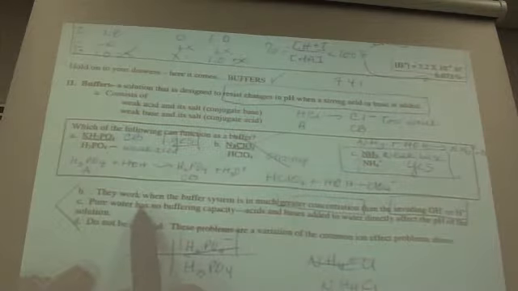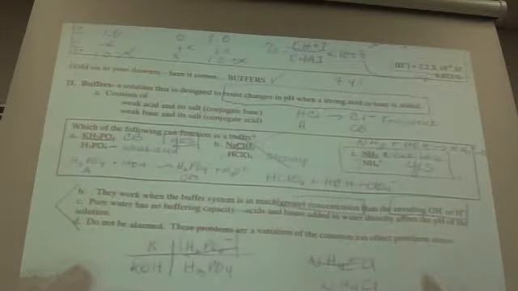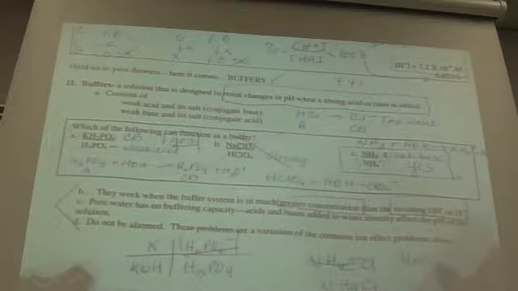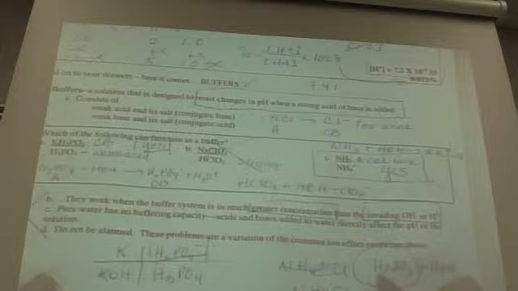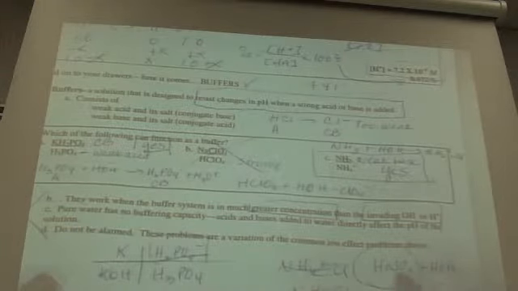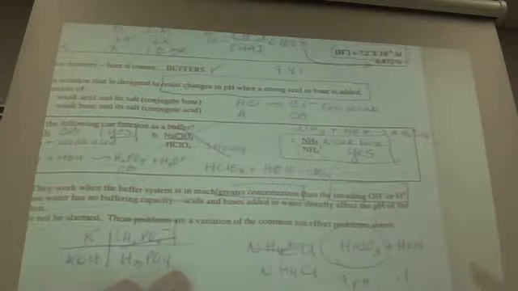Pure water has absolutely no buffering capacity. So if you add a strong acid to water, that strong acid is going to dissociate completely, and that hydrogen ion is going to greatly affect the pH. So if you had a pH of 7 with the neutral water and you added a strong acid, let's say it was 0.1 molar, the pH would then go to 1, negative log of 0.1.